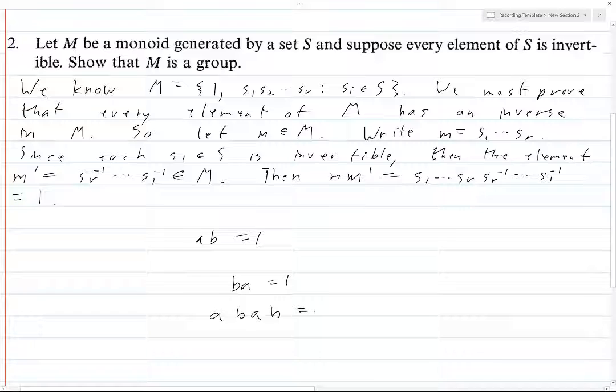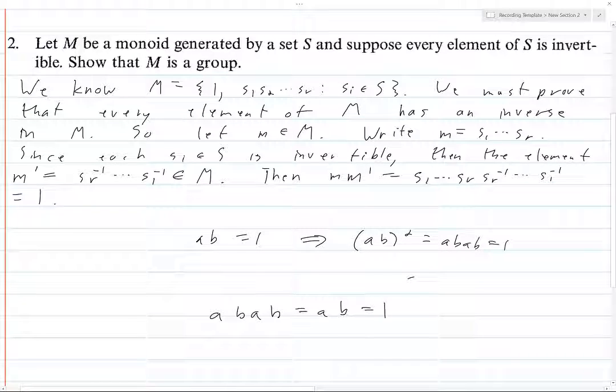AB equals 1, then AB squared is 1 squared, which is 1. We have A inverse, because you multiply by inverse on the right, B inverse on the left, and this is BA.